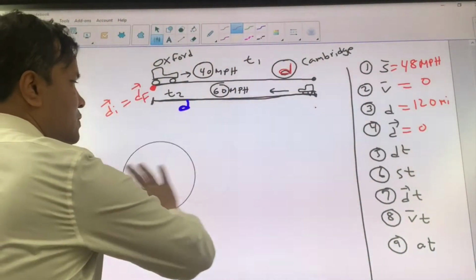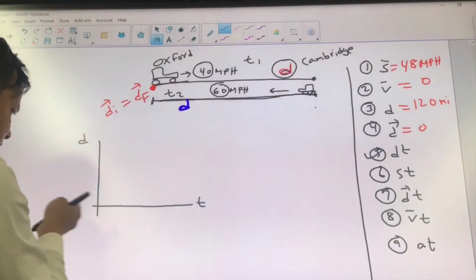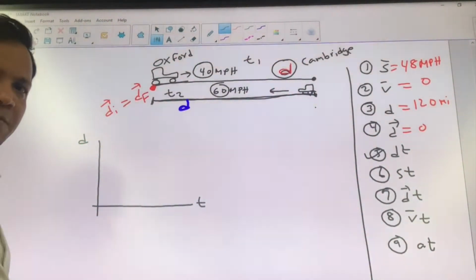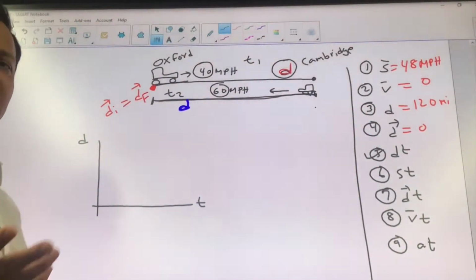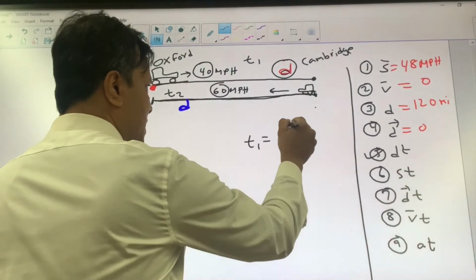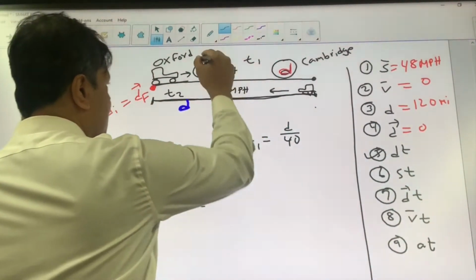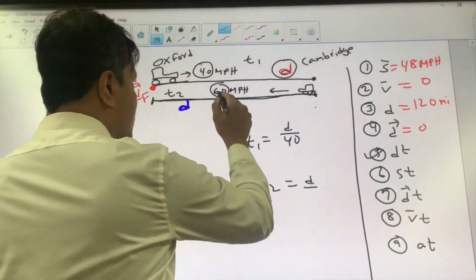Now we're going to do the dt graph. Remember, the dt graph is always positive, so you don't need another region in the coordinate plane. Now let's find the time. Time 1 is d over 40, and time 2 is d over 60.